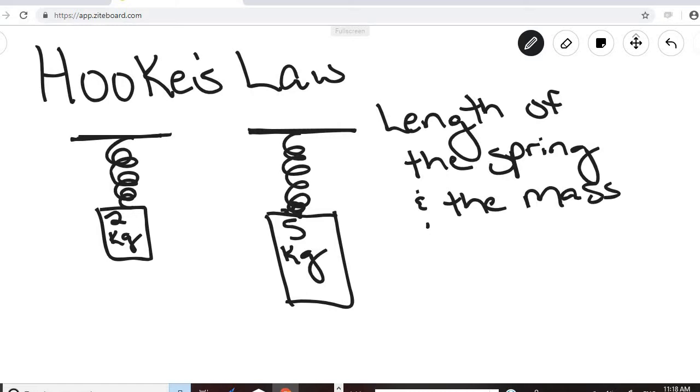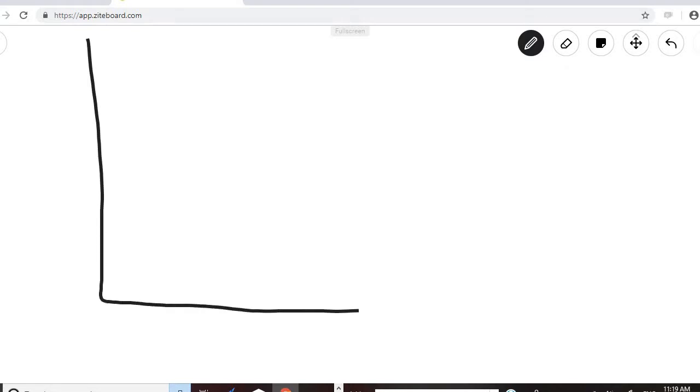When a mass or weight is applied to the spring, it's going to stretch the spring. And so we want to know how the length of the spring relates to the mass of the object being suspended from it. This is an experiment that we will do later.